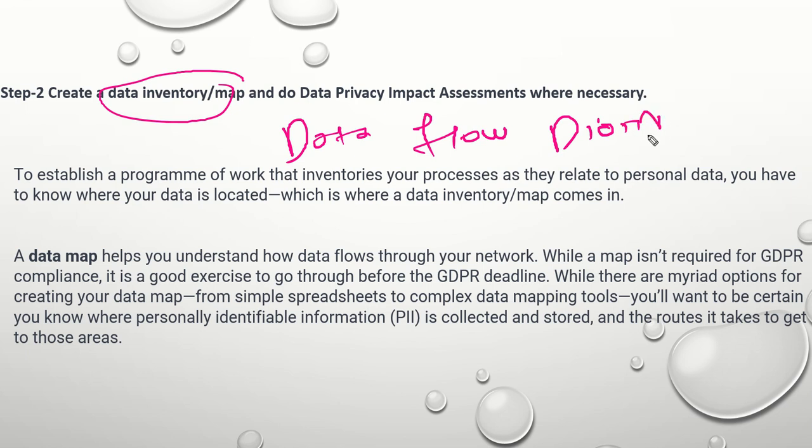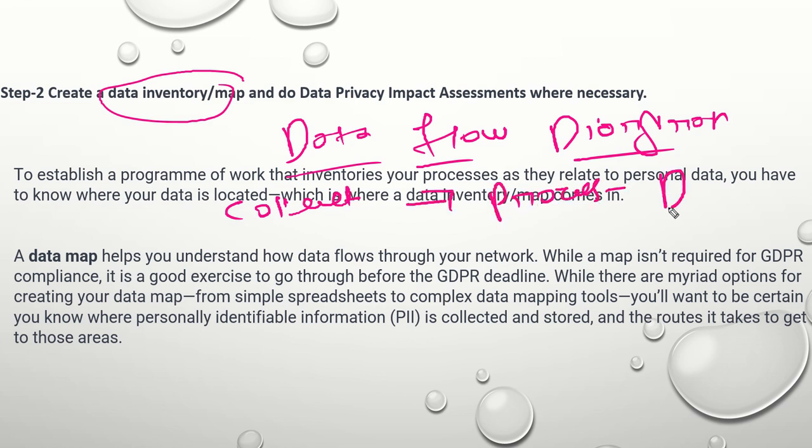How the data flows from the collection to the disposal. There is a life cycle of data. You collect the information, you process the information, and accordingly you dispose of the information. So this is the data flow.